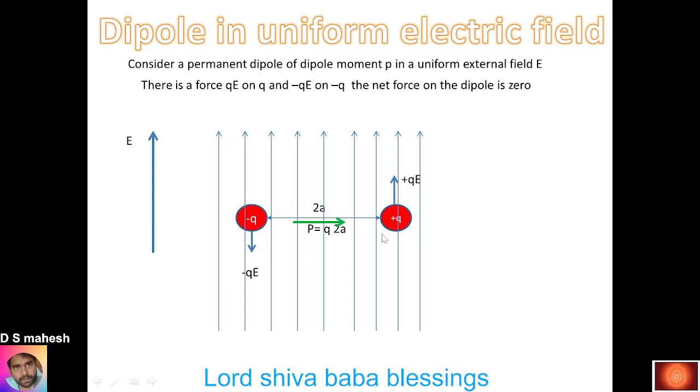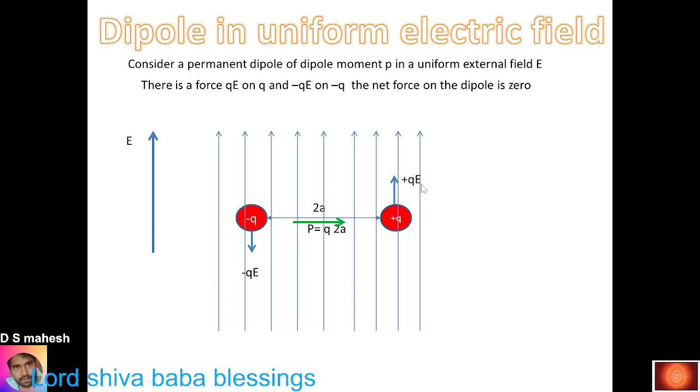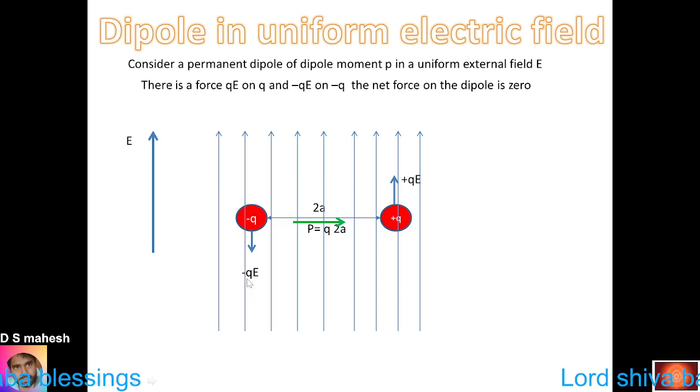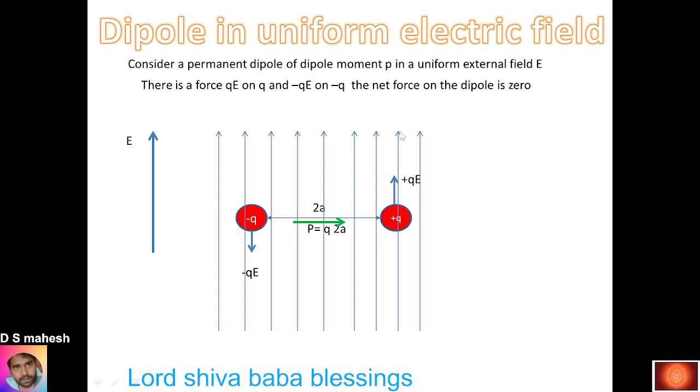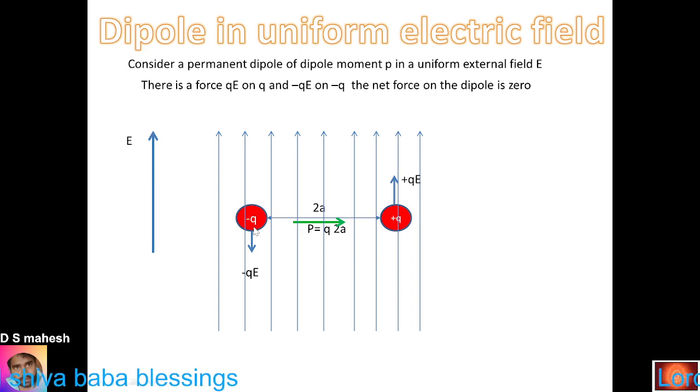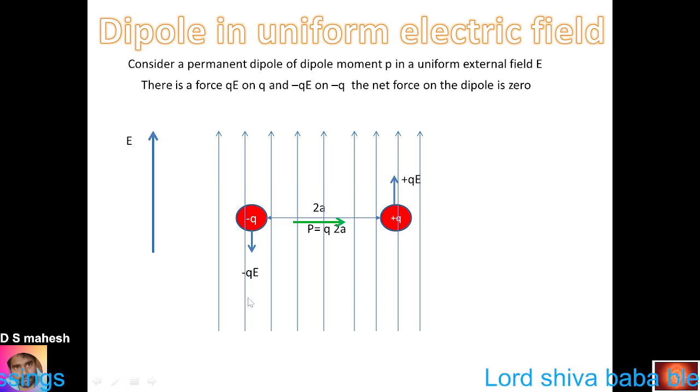The force experienced by the positive charge is plus qE, and the force experienced by the negative charge is again qE, but the direction is different. In the case of the positive charge, the direction of force will be in the direction of the electric field, whereas in the case of the negative charge, the direction of force will be exactly opposite to that of the electric field.